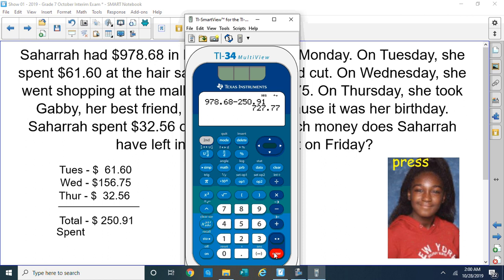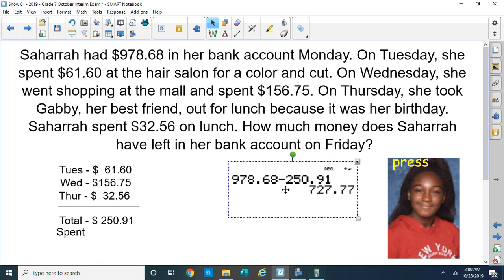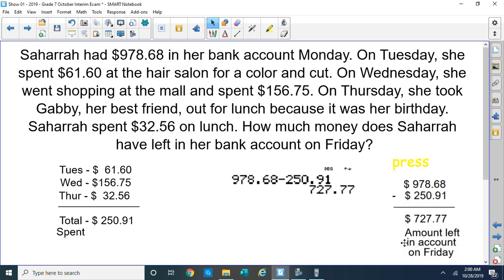So that would leave her with a balance in her bank account of $727.77. So that's how much she would have left in her bank account after those expenditures on Friday. So let's press this, and there we have it. So there's the work of what we did, and on Friday she has $727.77 left. So that's good.